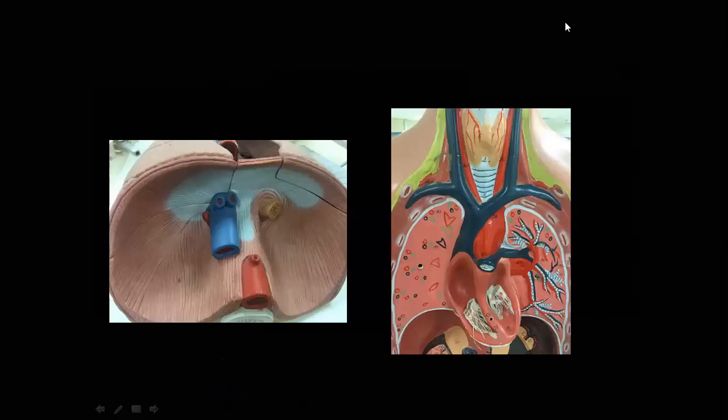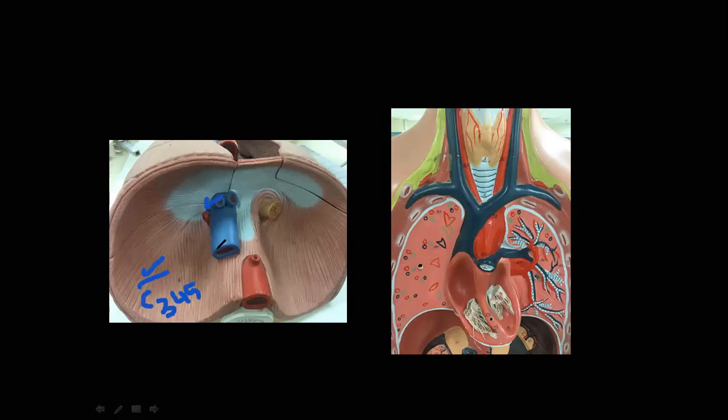Who can tell me? Identify. Diaphragm. Nerve supply? Phrenic, from roots C3, C4, and C5. What is the name of this opening?